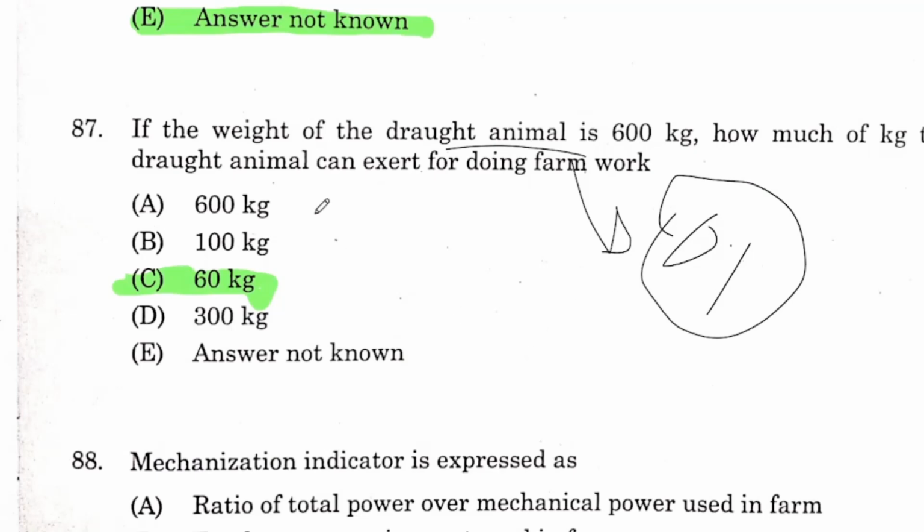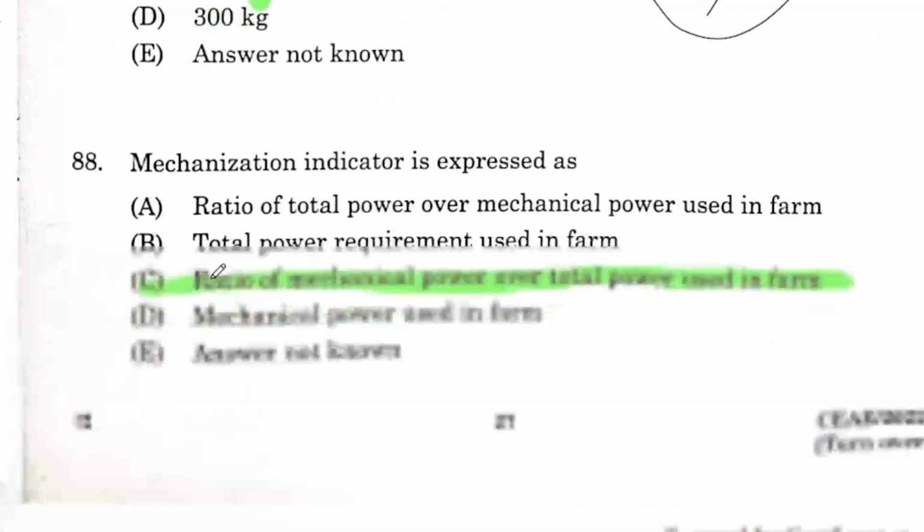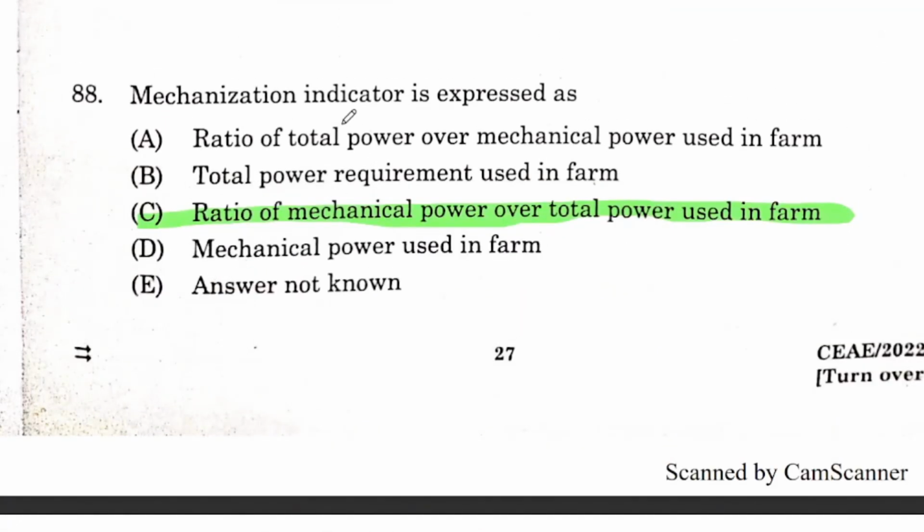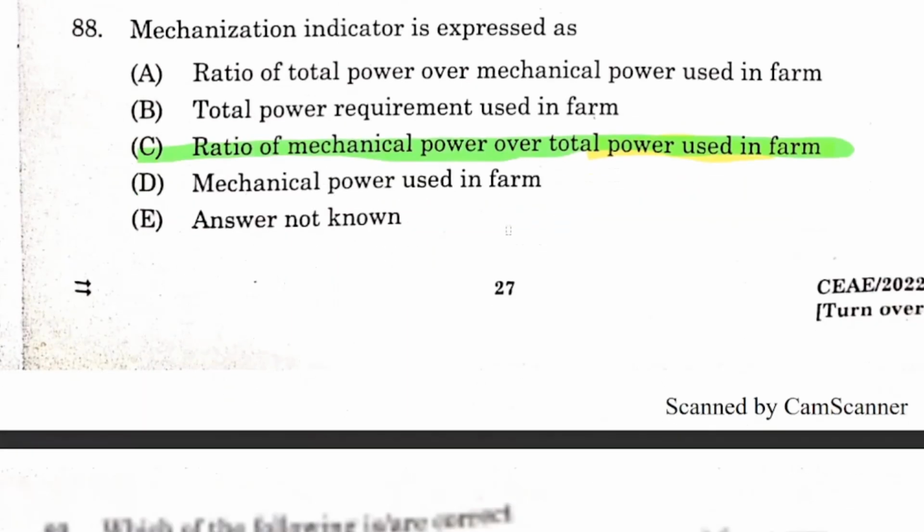So here, if we divide it by 10, we will get 60 kg. So option number C is correct here. Mechanization index is the ratio of mechanical power over the total power used in the farm.